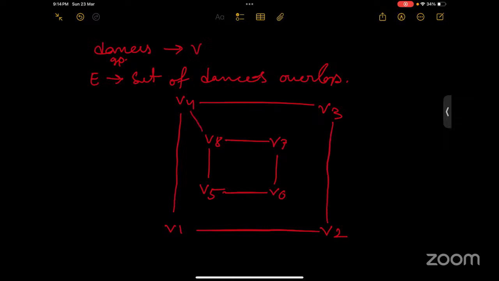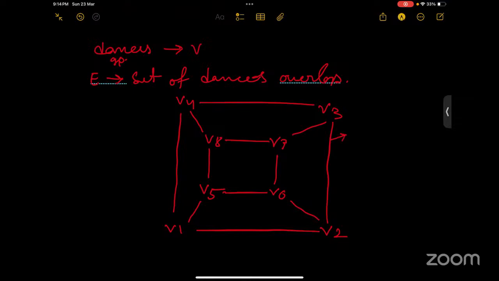Suppose we are taking the same graph again. So here, all the vertices are representing dance groups. Okay, that means suppose we have 8 dance groups. Is it fine?